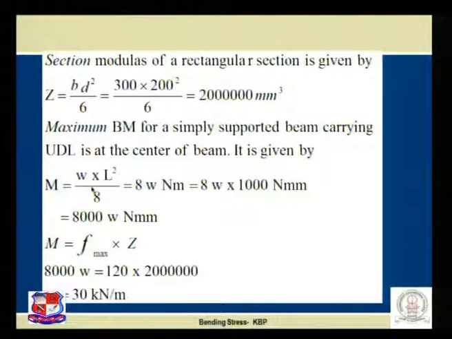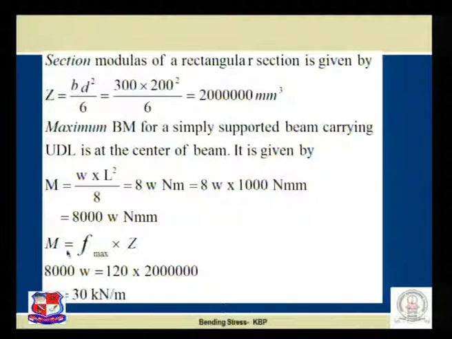This W is unknown. L is 8, so 8 square divided by 8. It is simply 8W Newton meter, because L is in meters. So 8W into 1000, that is 8000W Newton mm.